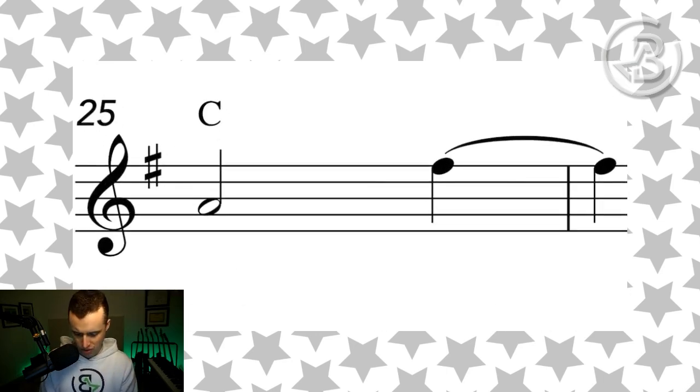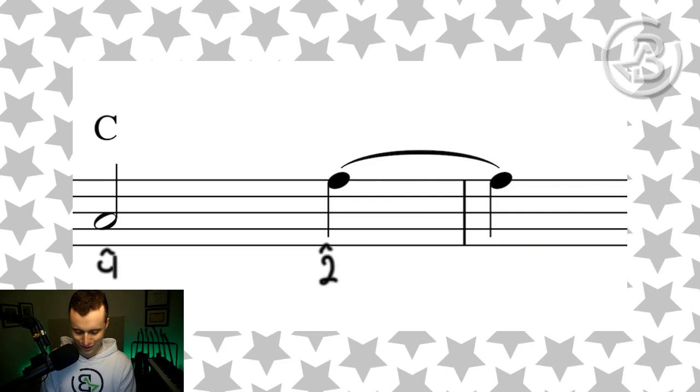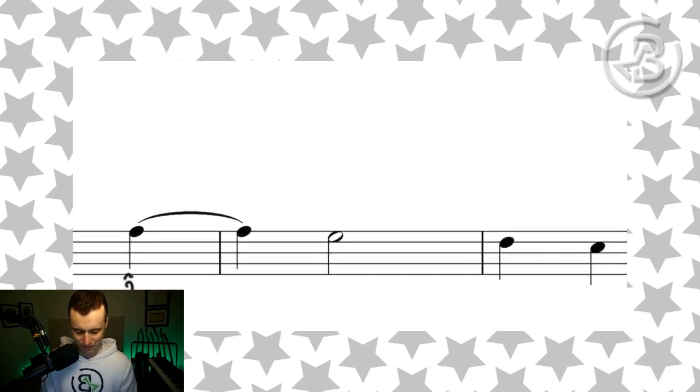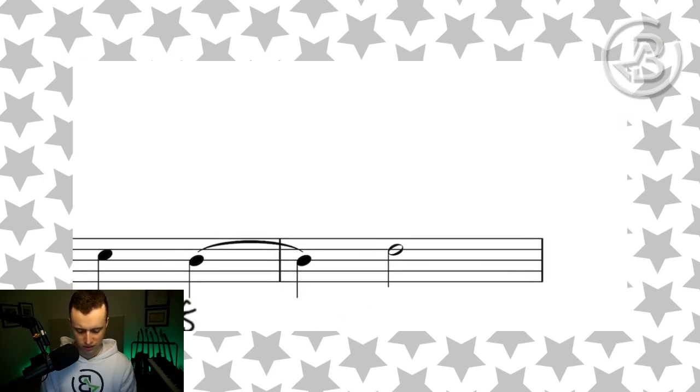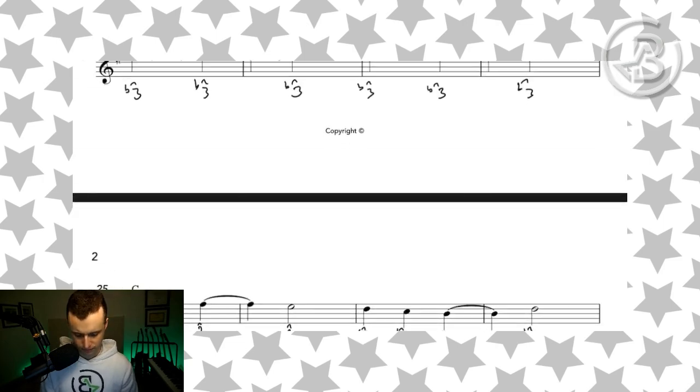So let's get back to our scale degrees here. So that's scale degree 2, because we are indeed in E minor. Then to 1, then we have flat 7, 6, scale degree 6, scale degree 5, scale degree 7.